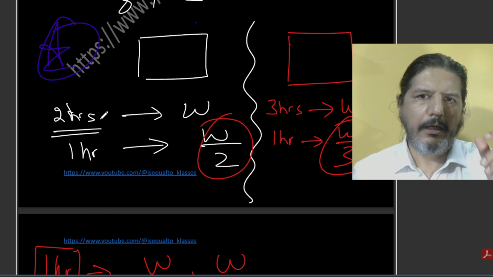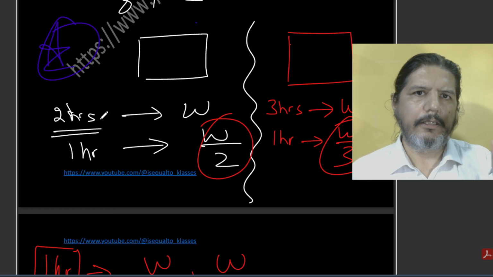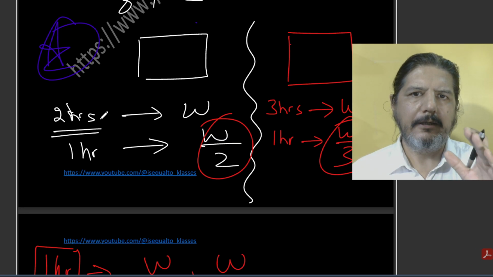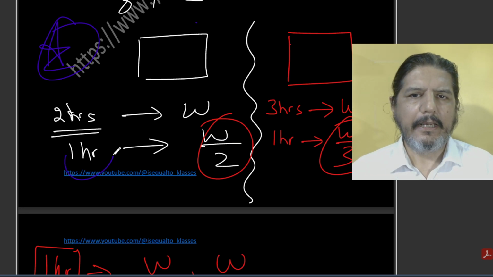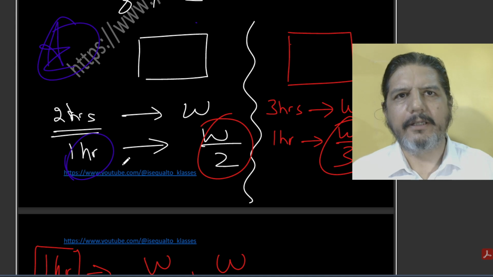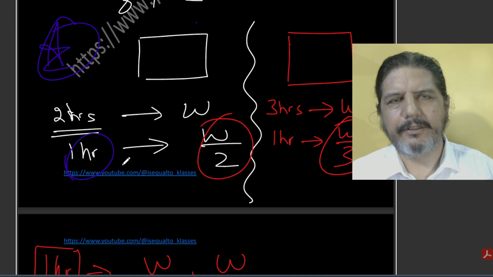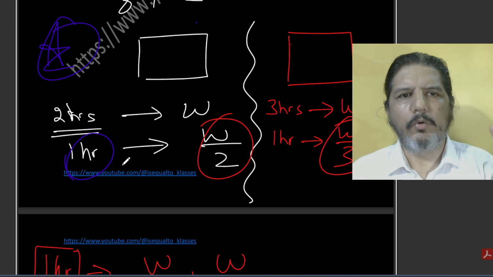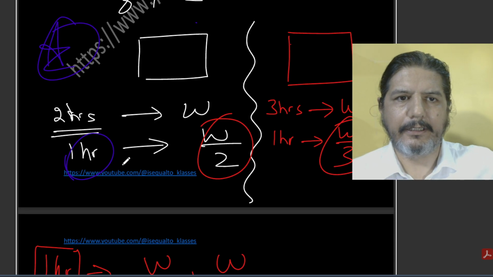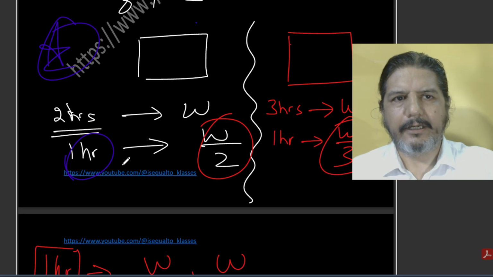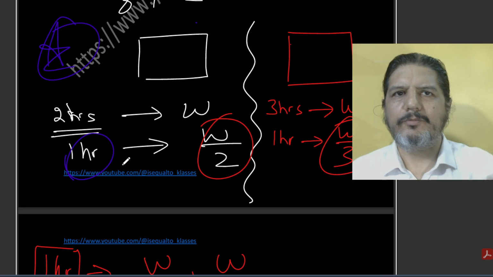If a work W can be completed in 2 hours, in 1 hour W by 2 of the work would be done, half the work would be done. And if someone can complete the whole of the work in 3 hours, in 1 hour that person will complete only W by 3 of the work.